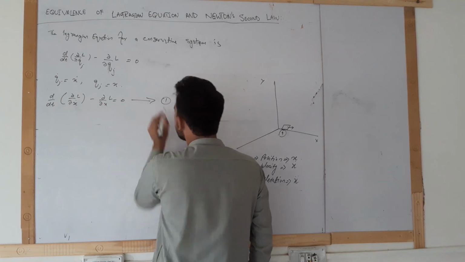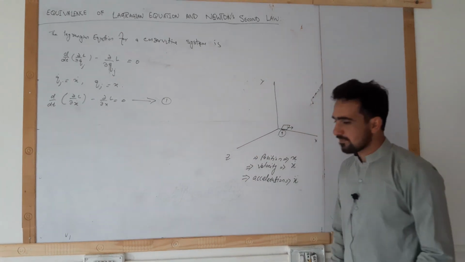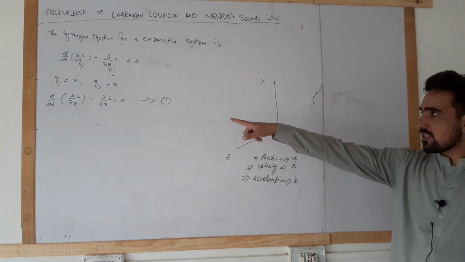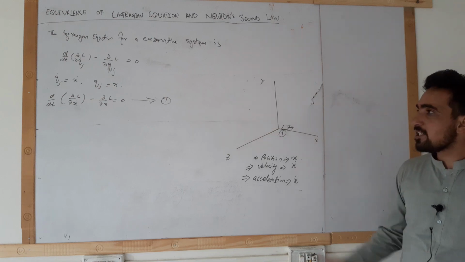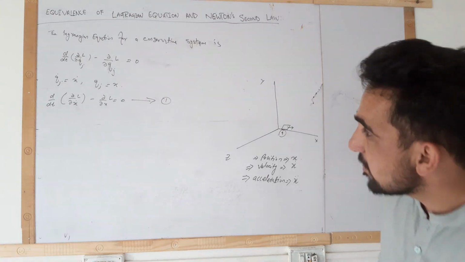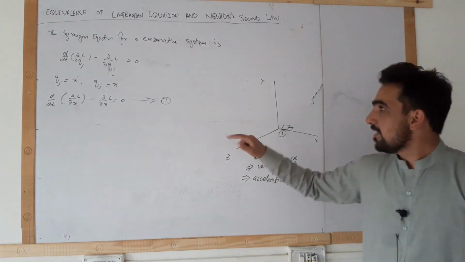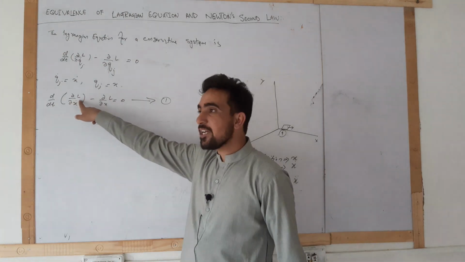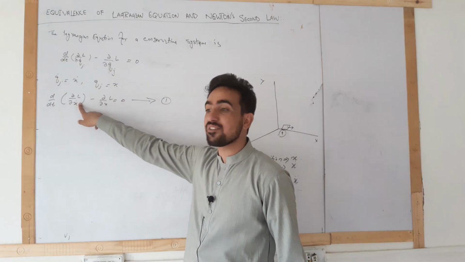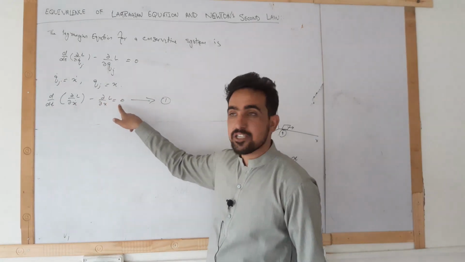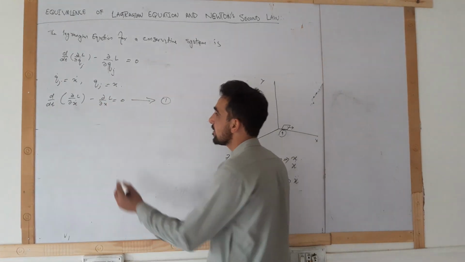Let us just call this equation number 1. Equation 1 consists of two parts. The first part is d by dt of partial L by partial x dot, and second part is partial L by partial x. So here we can see that this term L is being differentiated with respect to velocity, and here this term is being differentiated with respect to position.